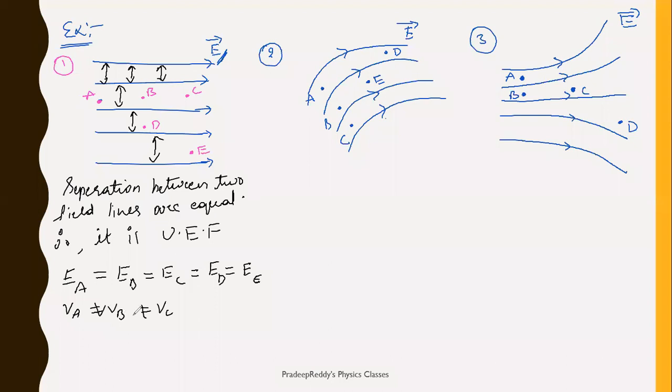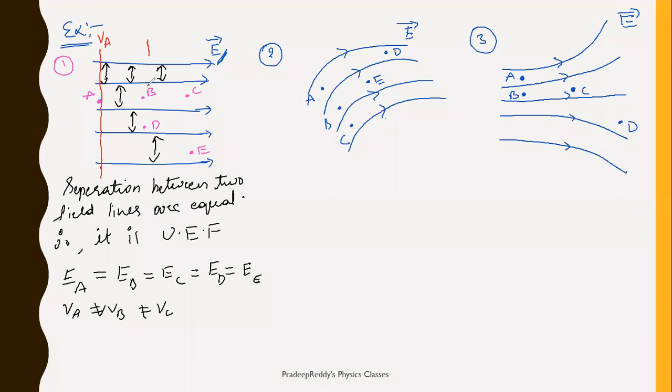Potentials are different. So as I already told you, charged particle will be always moving from high potential to low potential. So in order to find out the potential points, what you need to do is just draw a vertical line at that point. Like for example, you are now finding potential at A, draw a vertical line at this point, right? So along this vertical line, potential is always same, that is equipotential surface.